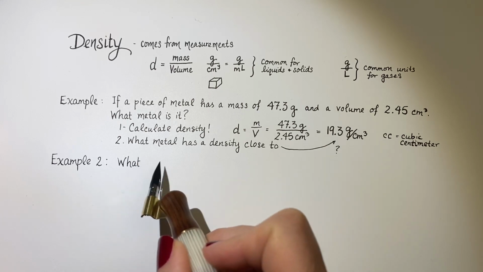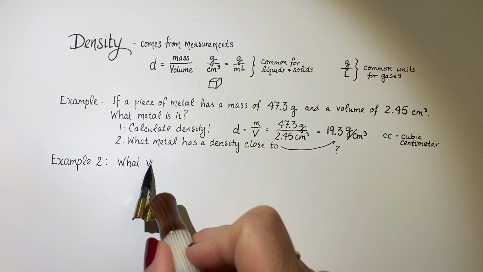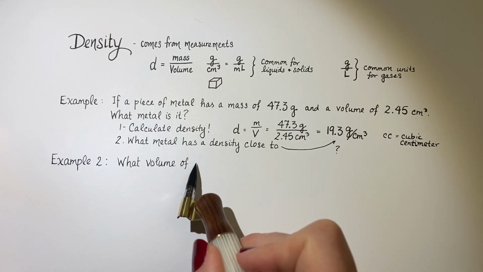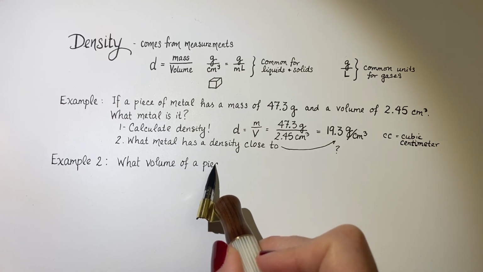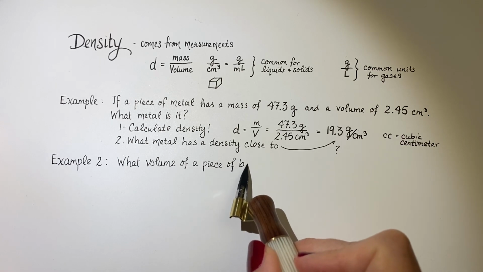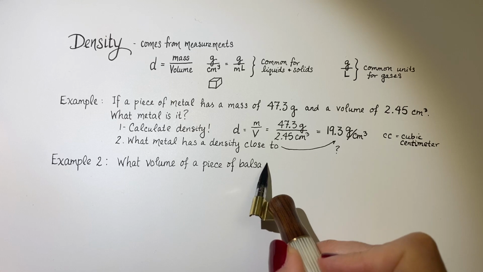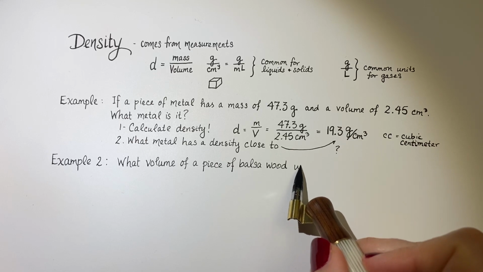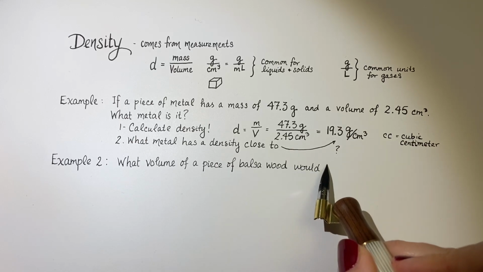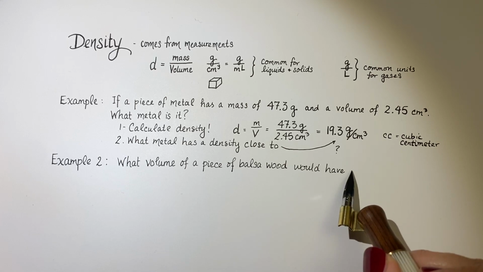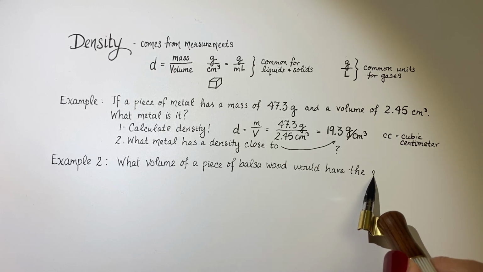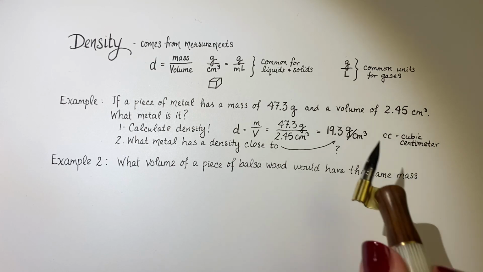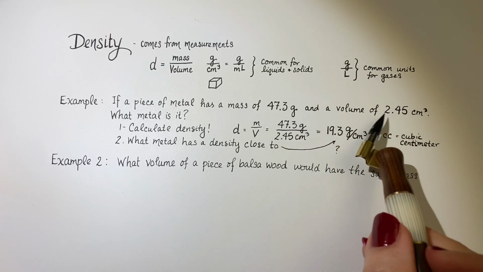So, let's ask ourselves, what volume, this is related to the size, but specifically what volume of a piece of balsa wood would have the same mass as this specific piece of gold.